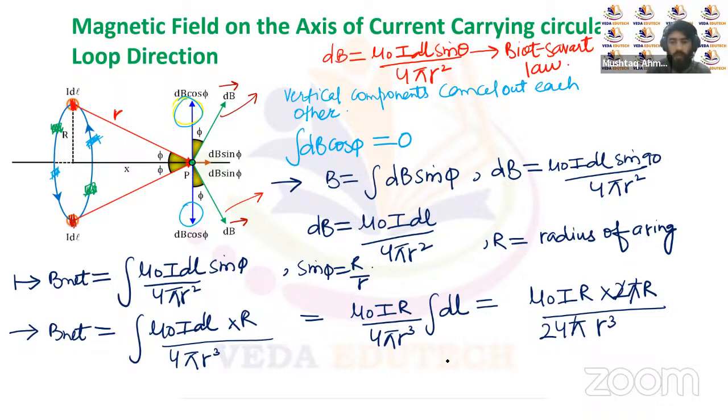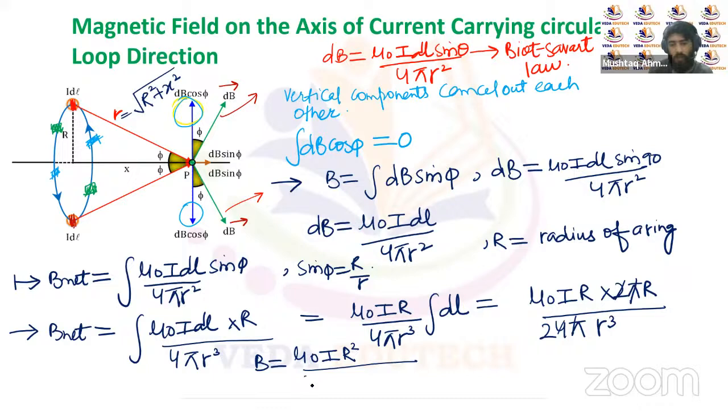So finally the result will be B net equal to mu naught I R square upon 2 r cube. And r is the square root of R square plus x square.